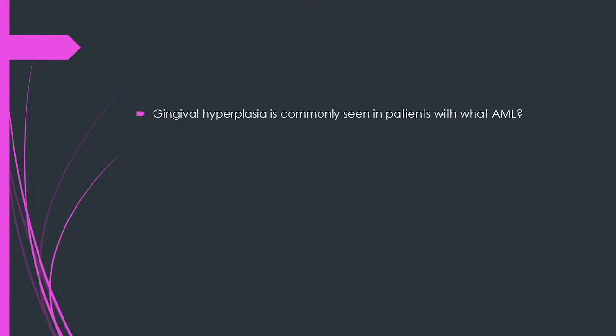Gingival hyperplasia. So when the case starts like this, with the patient sent to the ER with gingival hyperplasia, the blood smear has blast cells present, myeloid precursors are present in the peripheral blood smear.